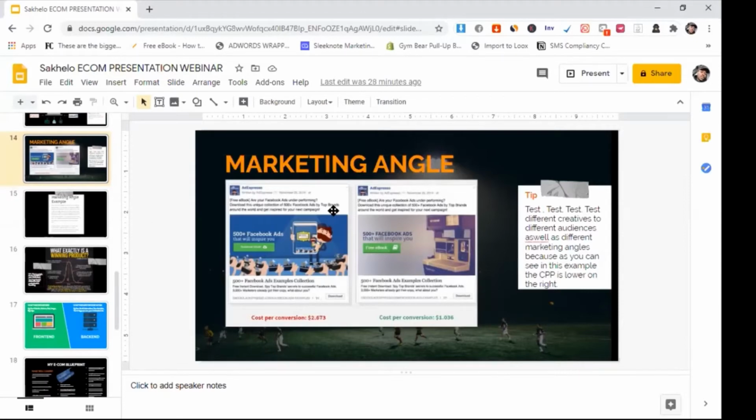Okay, we went through the marketing angle a little bit yesterday, but let me just recap on what we learned. As you can see here, it's the exact same information, but the CPP is lower on the right, and on the left it's more expensive. It's the same ad, the exact same details, but the CPP is different on the right side.